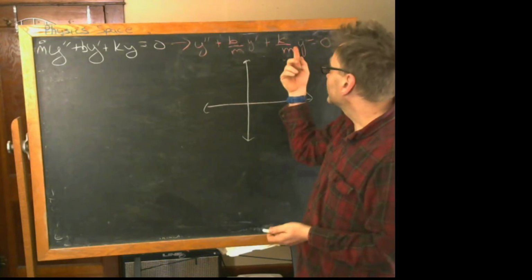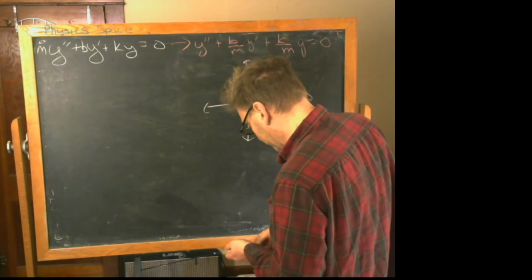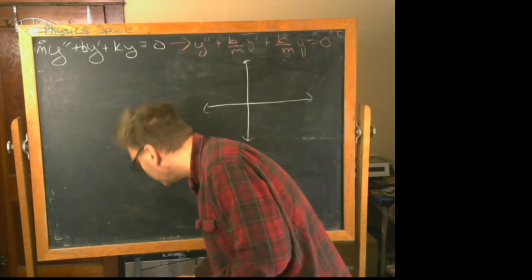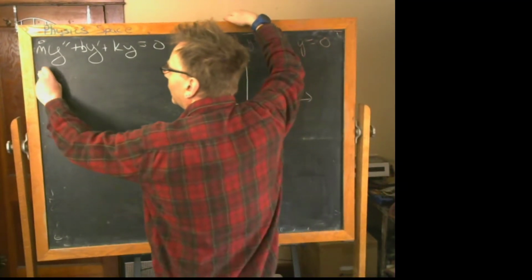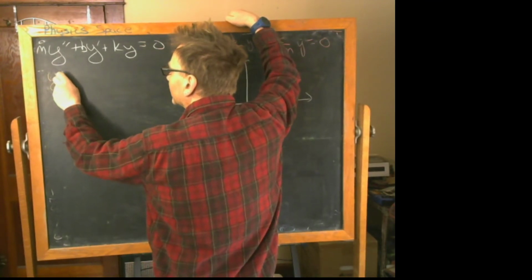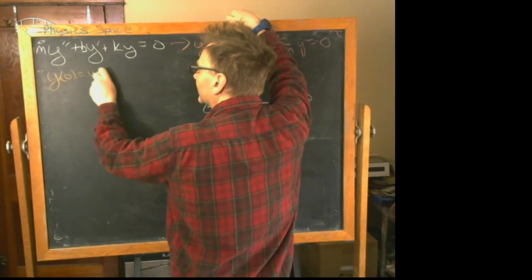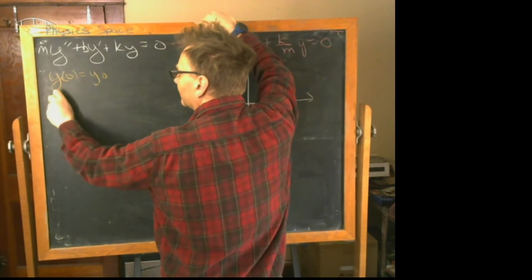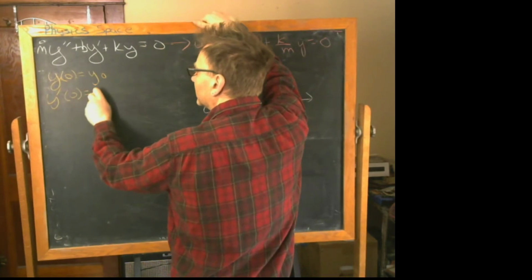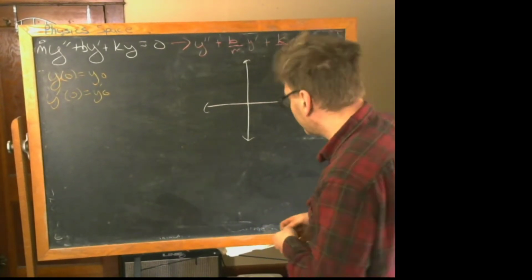So we're going to have an initial position and an initial velocity. I'll put those over here. We will have y at time 0 equals y0, and y prime at 0 equals y prime 0. That'll be our initial conditions.